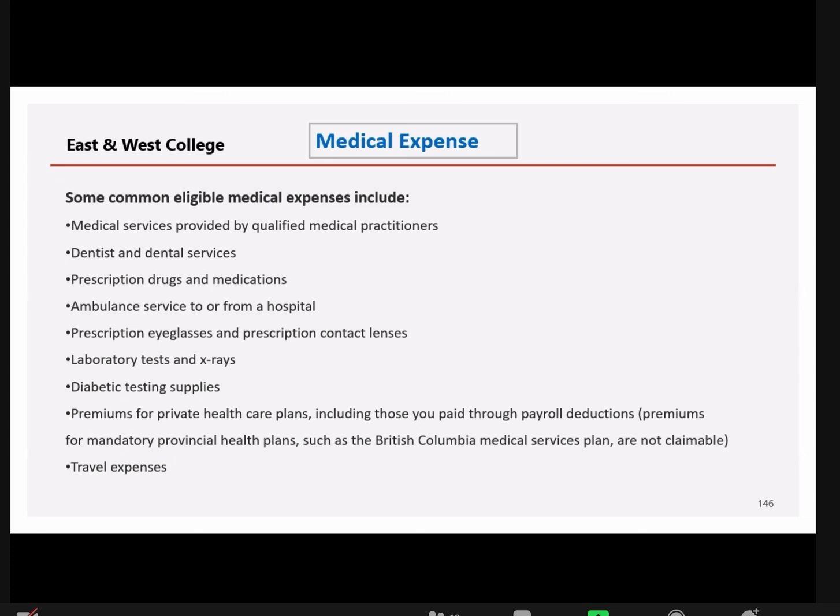The doctor agreed with her, but the Alberta health care plan only covers the expenses in here.